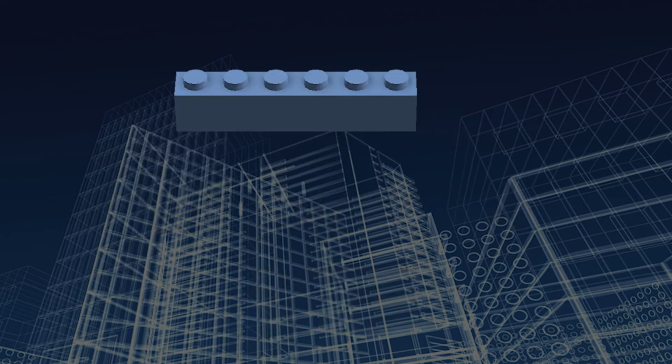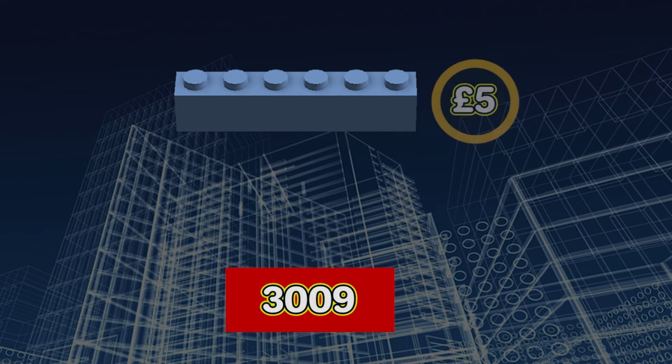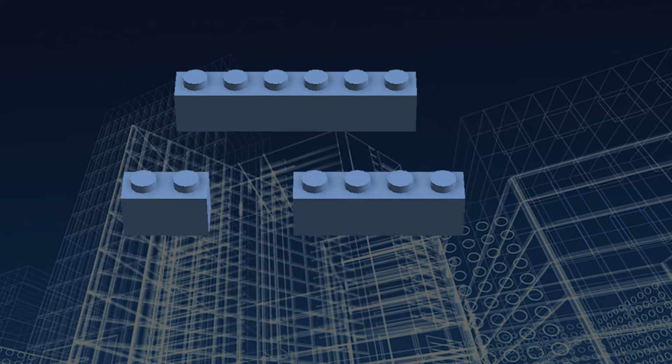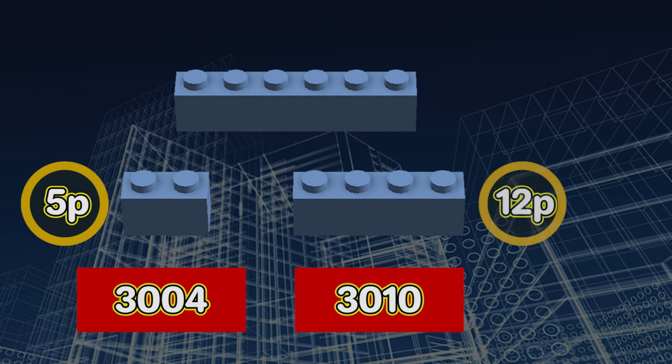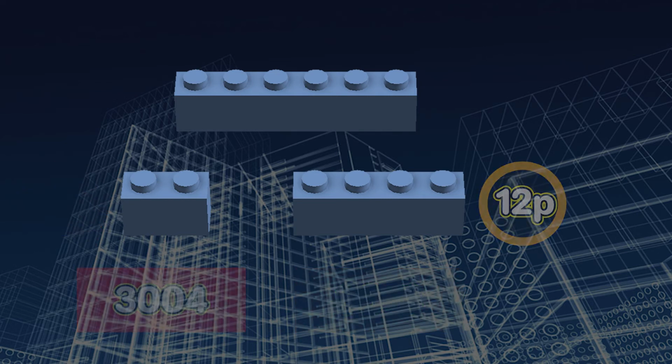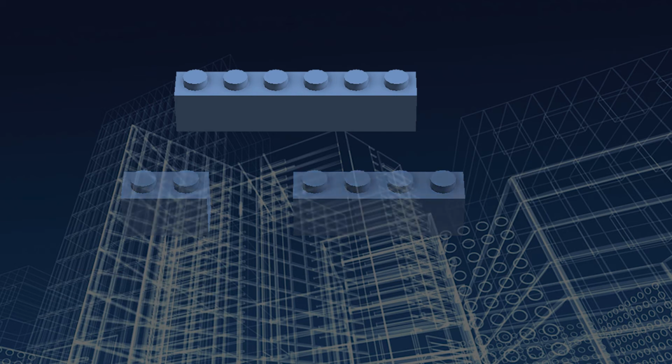And this 1x6 brick in medium blue can cost £5. But if you replace it with a 1x2 brick and a 1x4 brick in the same colour, they would only cost about 19 pence. It would be worth looking at your design to see if you absolutely need that to be a 1x6 brick.